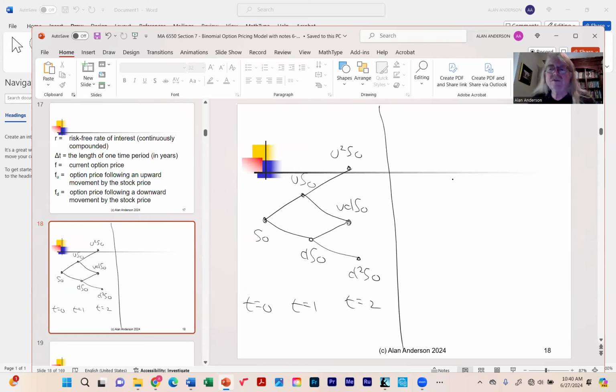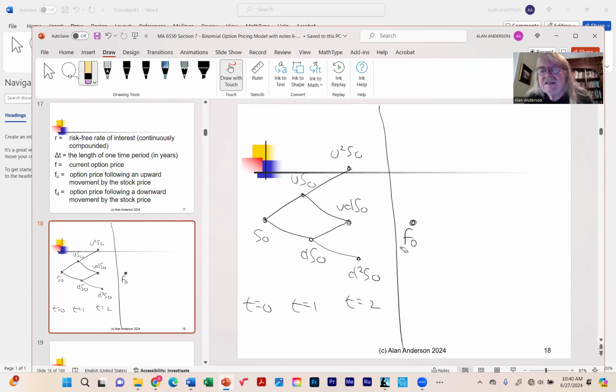That means T equals 2 is the maturity date of whatever option we're pricing. On this side of the fence, we're going to use the letter F. Now, actually, we don't normally use the 0 here. We're just going to call it F. You might say, well, why don't we use C for call and P for put? Well, that would be nice, but the problem is then the P's would get confused.